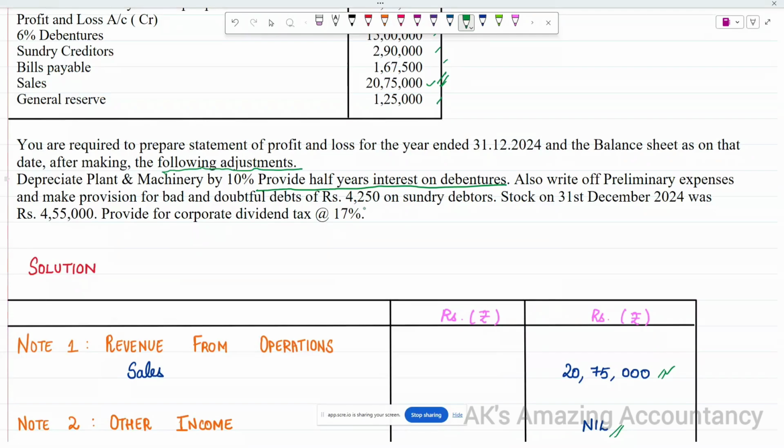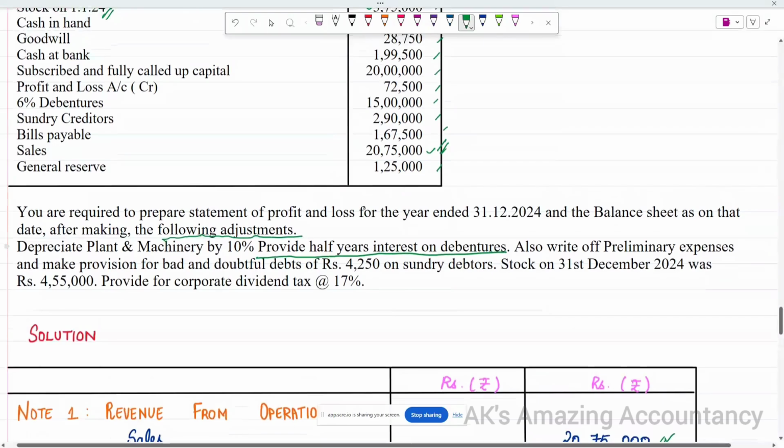Okay. So let us see how much is the debentures we have. In the problem you are given this amount, 6% debentures. 6% debentures is given as 15 lakhs. This 6% represents the rate of interest. And for how many months is it outstanding? It is given as half year.